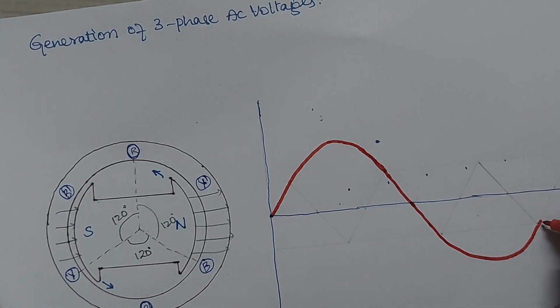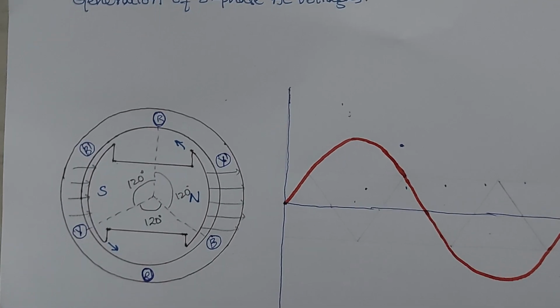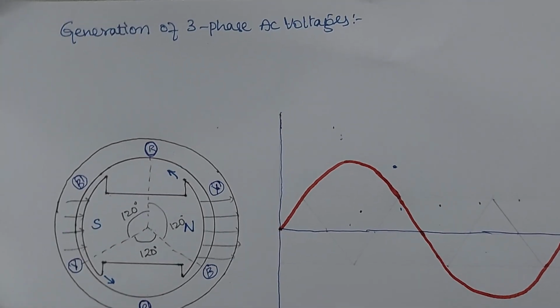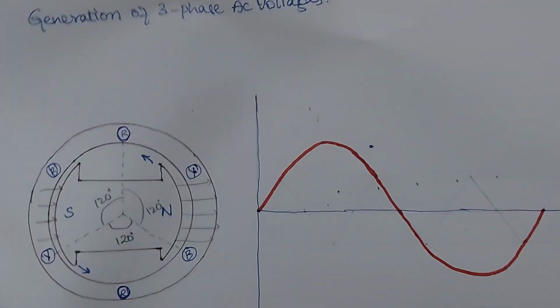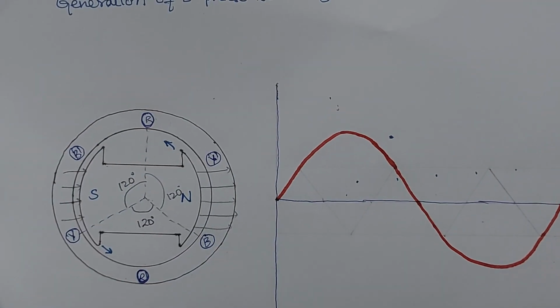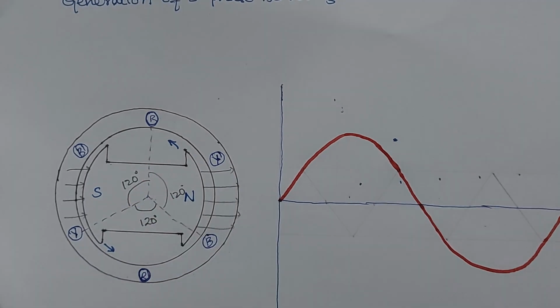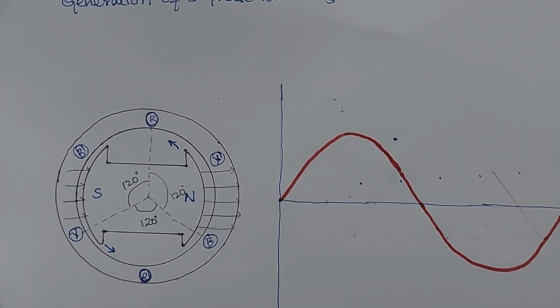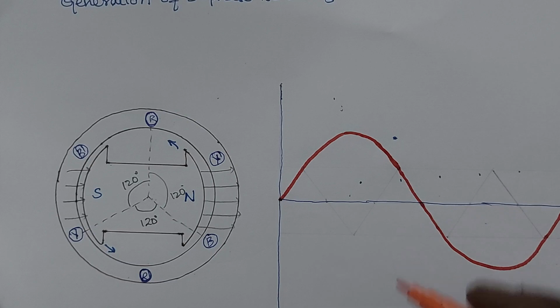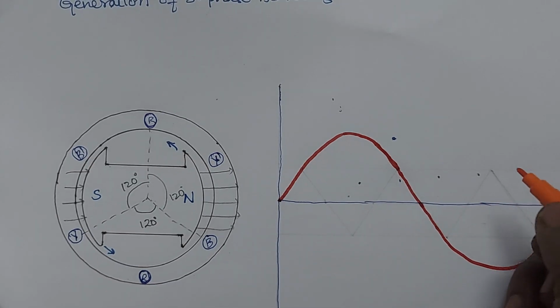Like this it is coming. This is the R phase voltage. Now what about the Y phase voltage? The Y phase voltage will start after 120 degrees. So here I am showing this Y phase voltage.